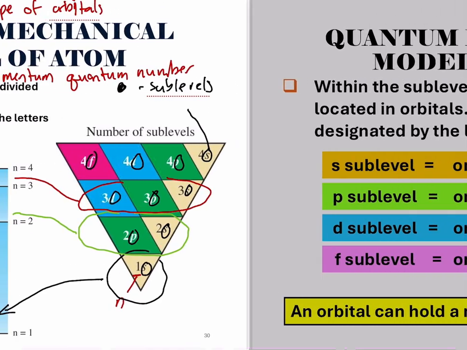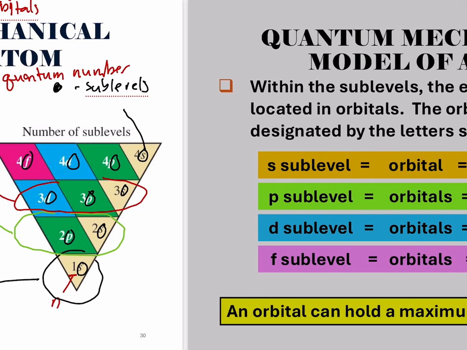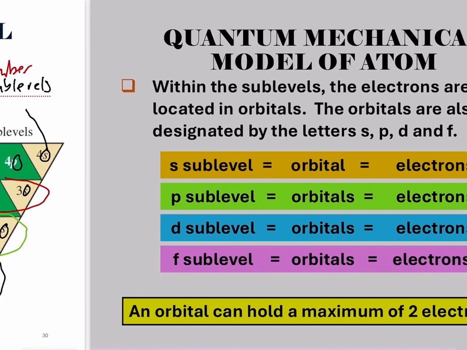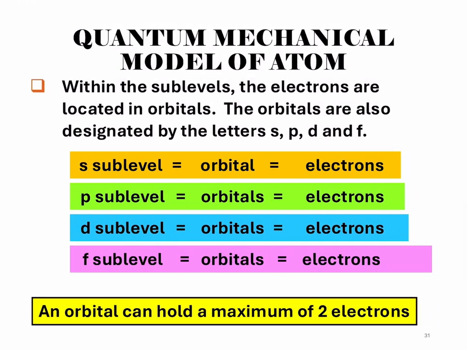And so once you have the M or the L sublevel, those can be divided even further, right? And these are called the orbitals, or these are the specific orbitals within the sublevels. And so for the S sublevel, we're going to have one orbital that can hold 2 electrons.